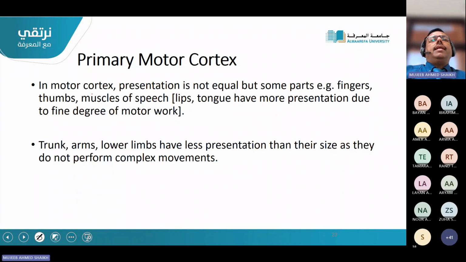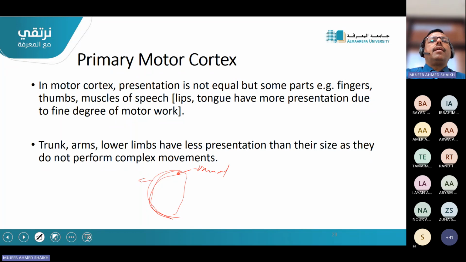So primary motor area representation is not equal. If you say this is the brain motor area, the whole is primary motor area. But suppose there are some areas here only controlling the hand.